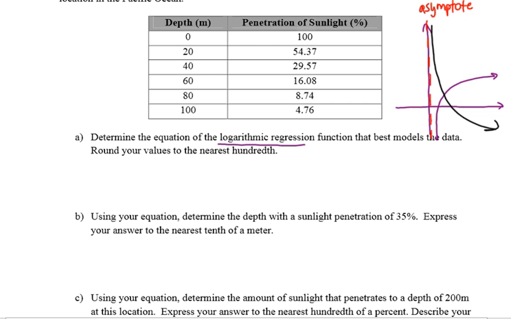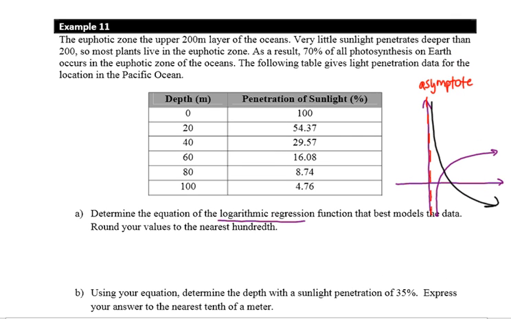So is it possible to have x equals 0? No. Meaning, which one do we want to make our x? Sunlight. This has to be x and this has to be y. Else your graph is going to give you an error, because in a log graph the graph will never touch x equals 0.